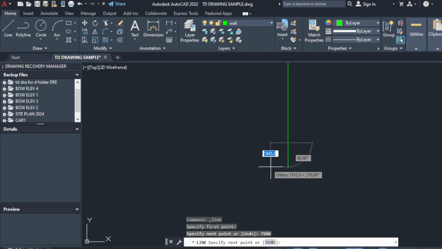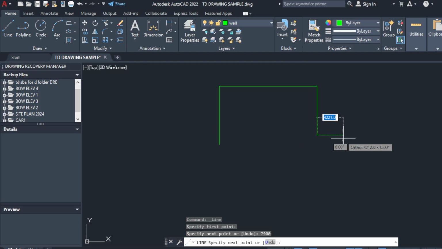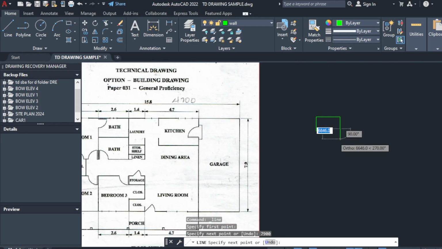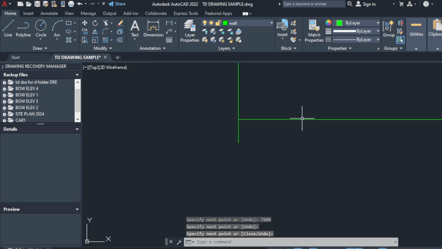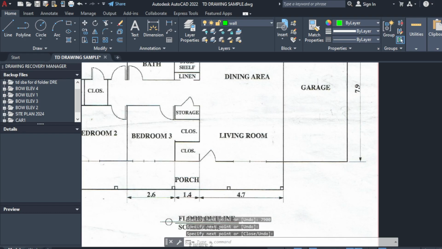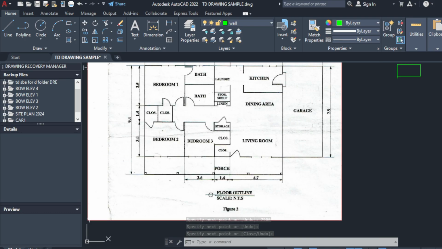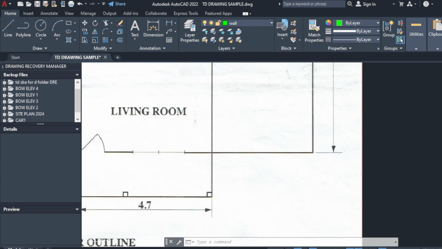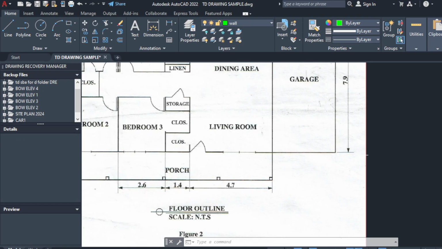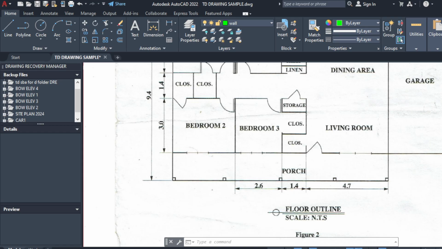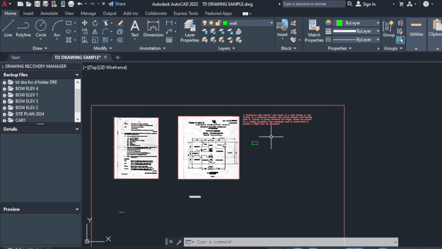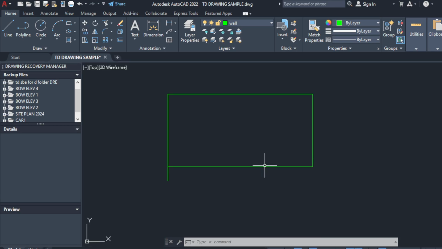Enter. I then proceed to draw a straight line across here, because looking at the drawing, my 7,900 line comes downwards, and at the end of the line, moving to my left, there is a wall that comes straight across. So that's why I draw my line here.